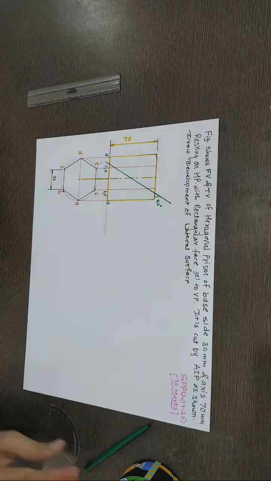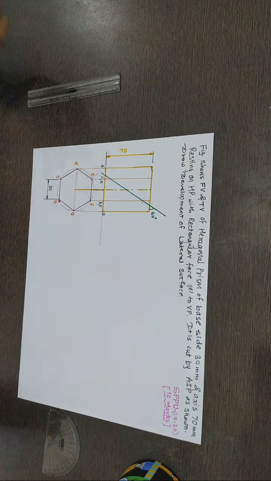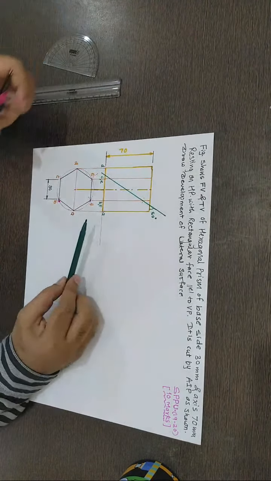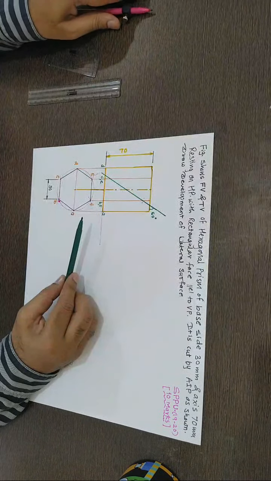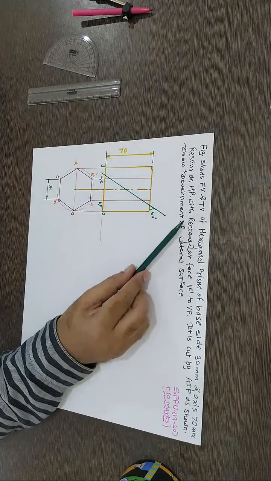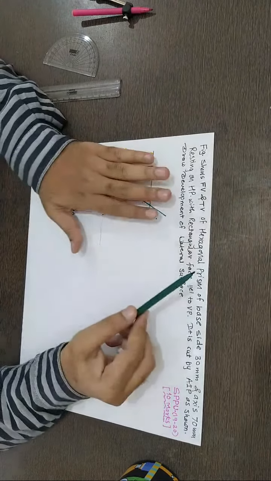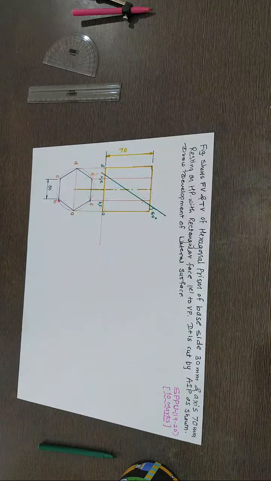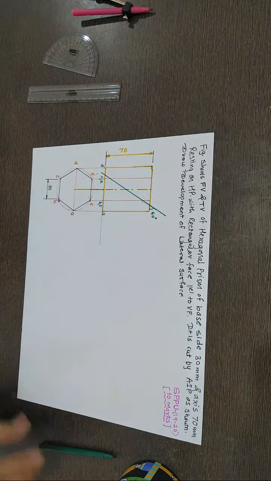So you can read the question. I hope it's readable now. This diagram is given in the question. The figure shows the front view and the top view, or even if this is not given, how you will draw the correct diagram, that we will discuss on different possible cases.